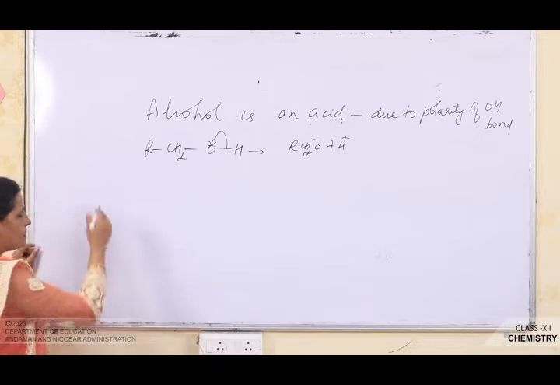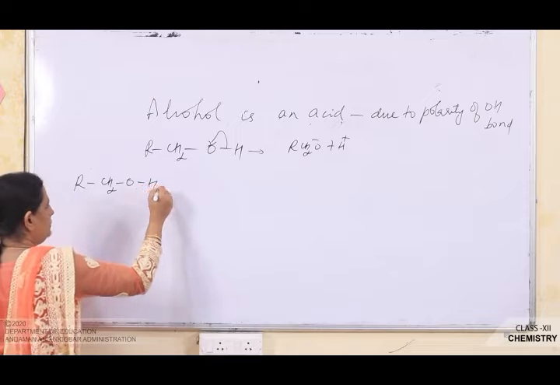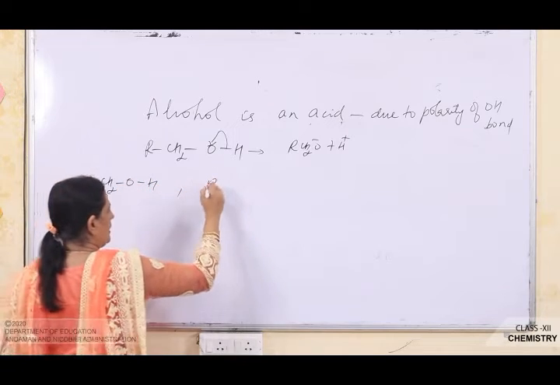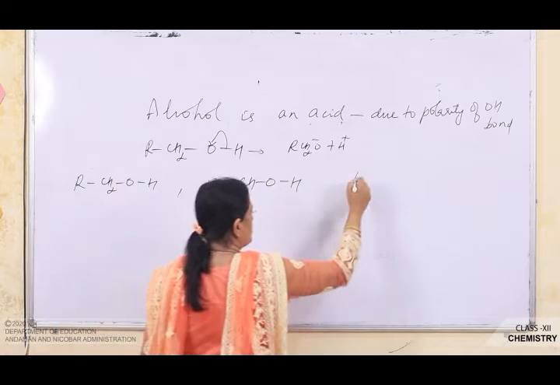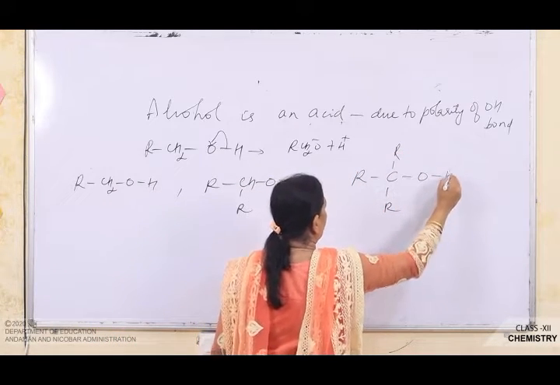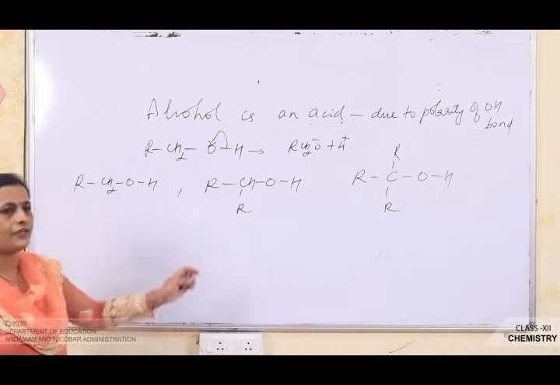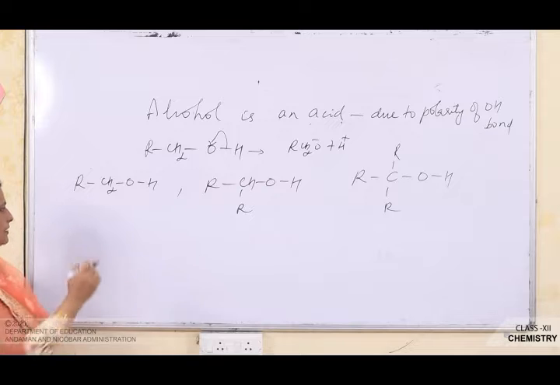Now we have three classes of alcohols, that is primary, secondary and tertiary. Which will be a stronger acid? When we compare primary, secondary and tertiary, which alcohol will be the stronger acid? Now see here.